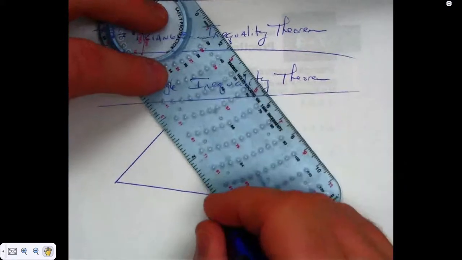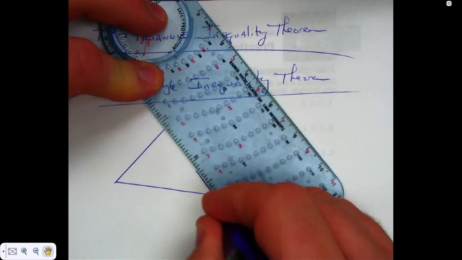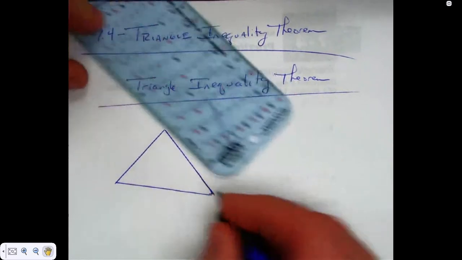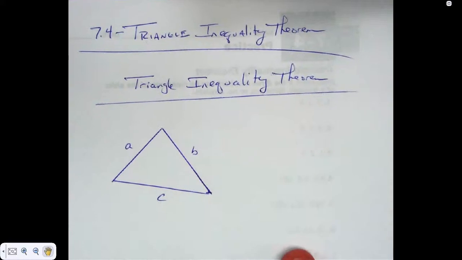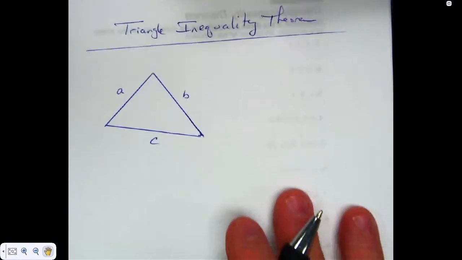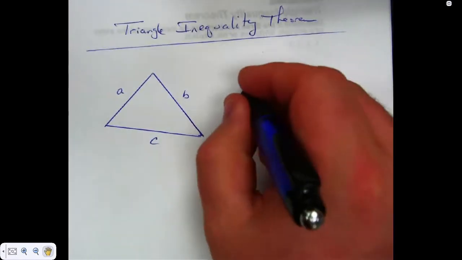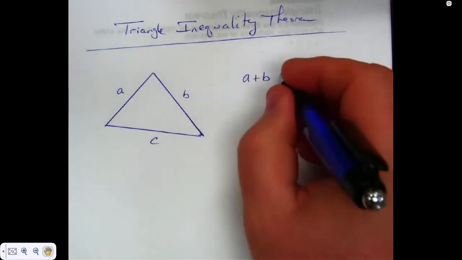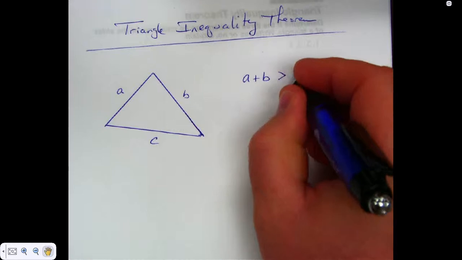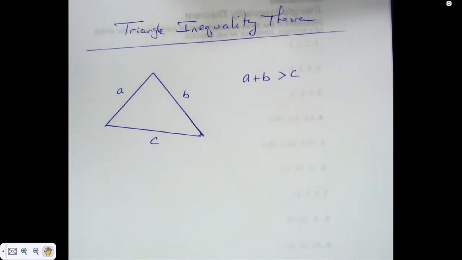No matter what type of triangle I have, for the sides to work, because this is a triangle, it always has to work out like this: the sum of any two sides of a triangle always has to be bigger than the third side. So A plus B has to be bigger than C. If it isn't, it can't be a triangle. Okay?